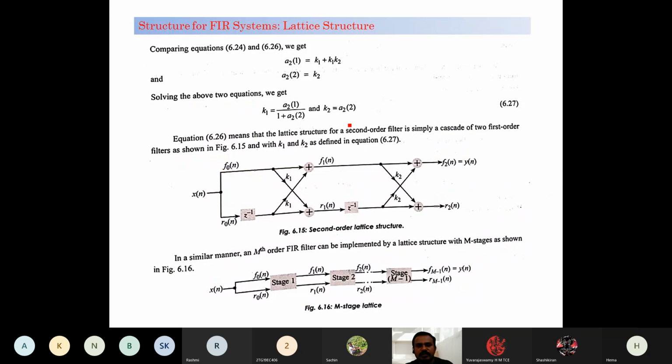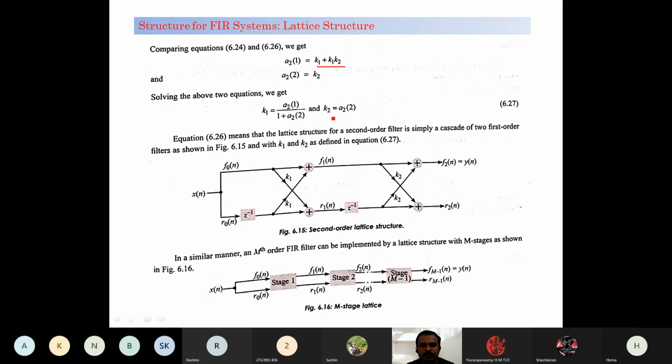So a2 of 1 is nothing but k1 plus k1 k2, and a2 of 2 is nothing but k2. Or by solving this, we may have the actual k1 and k2 equations.